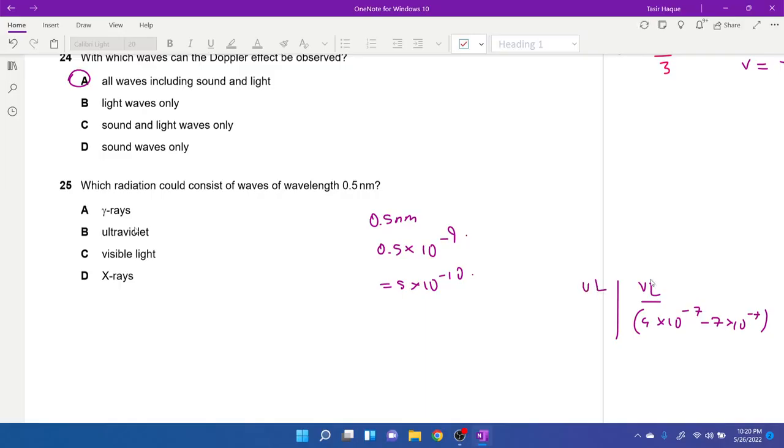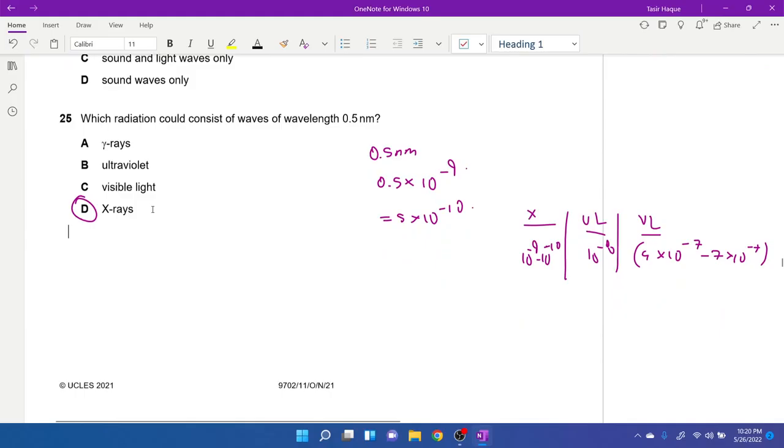Now ultraviolet, it's a bit different. It's at like 10 to the power minus 8. Ultraviolet is actually a very small region, like we can't fit in much, okay? Now X-rays. X-rays are like 10 to the power minus 9 to 10 to the power minus 10-ish, okay? So this fits the criteria. 25 should be D, okay?